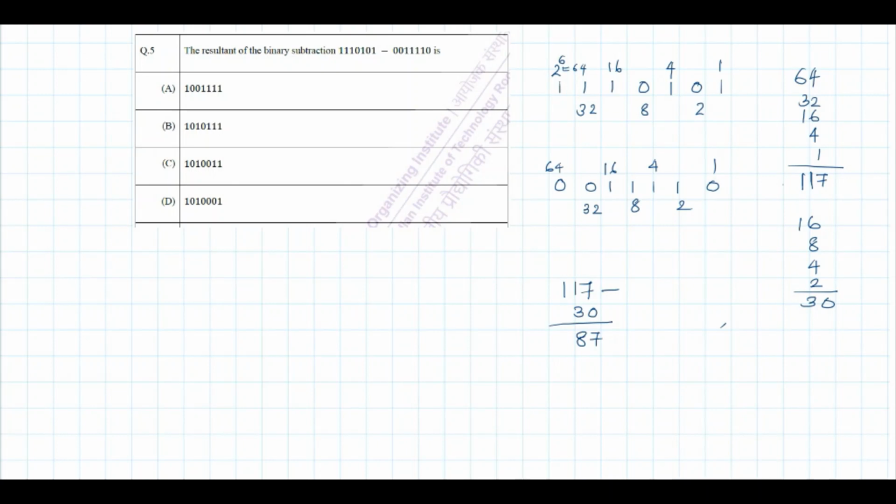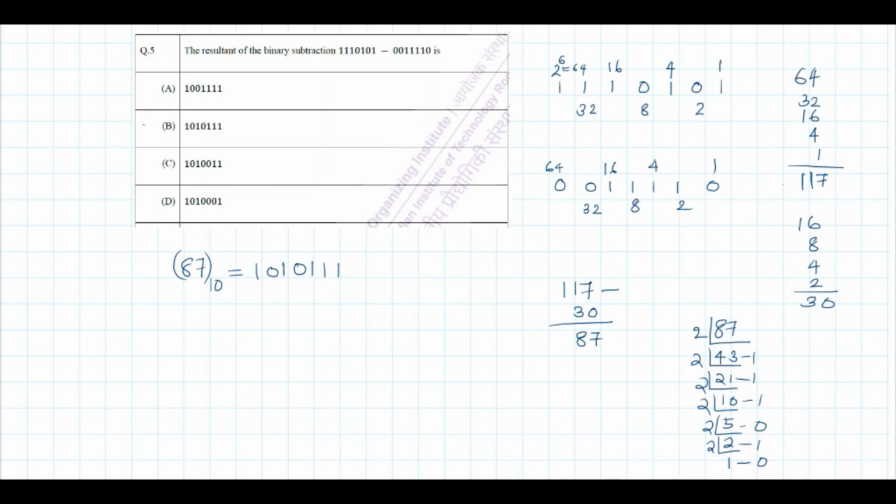The corresponding binary number you can calculate by repeated division by 2. Taking the remainders in reverse order, the binary equivalent of 87 is 1010111. The correct option is option B.